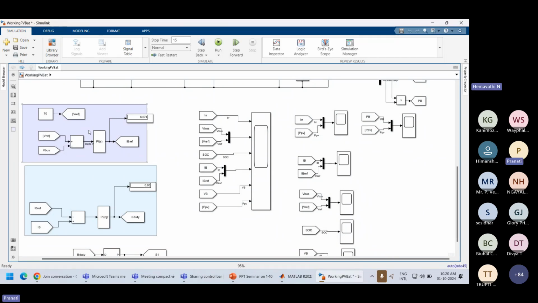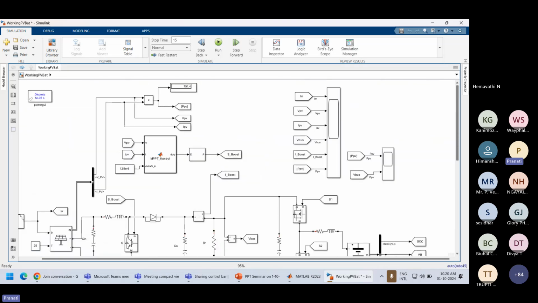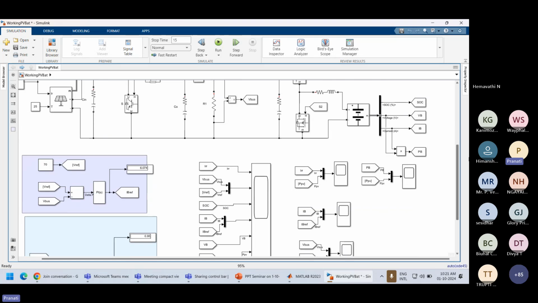Now, if we connect one integral time absolute error ITAE index for the PSO and connect one display, we can see that the error also continuously decreases, and when it reaches 0, at that point, we can take the values of the KP and KI. It will give it in a tabular form directly.